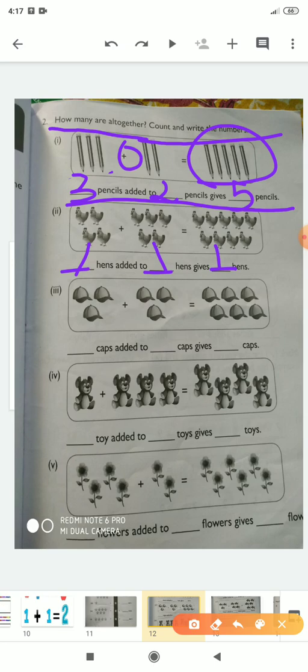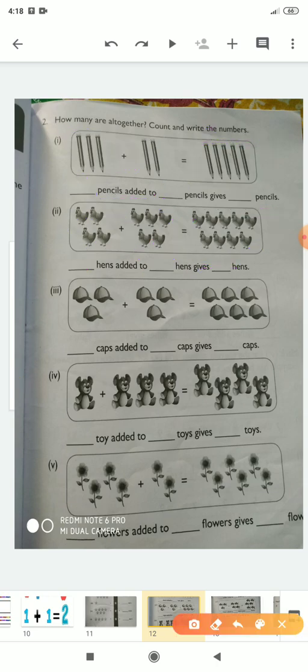So here the question means to say, if we add these hands with these hands, what do we get? This is our answer. Okay, so in this way you have to count.